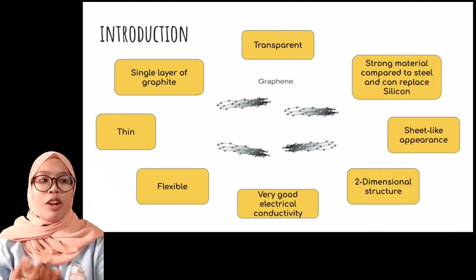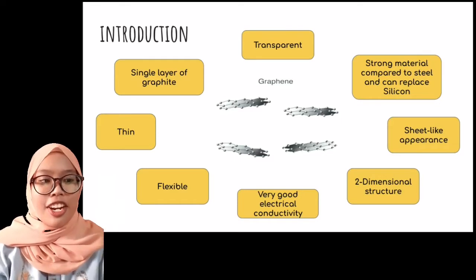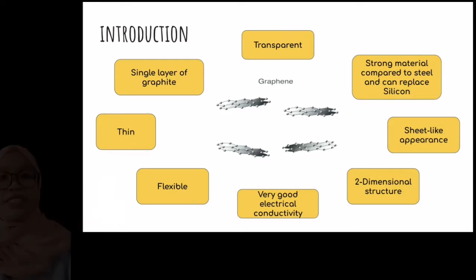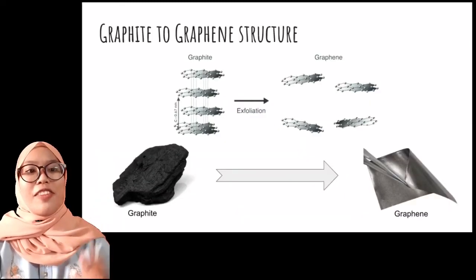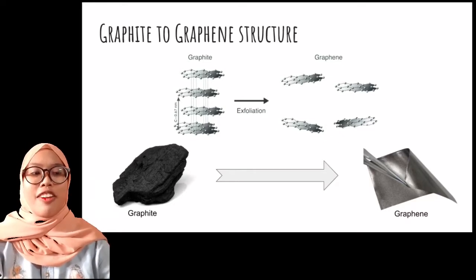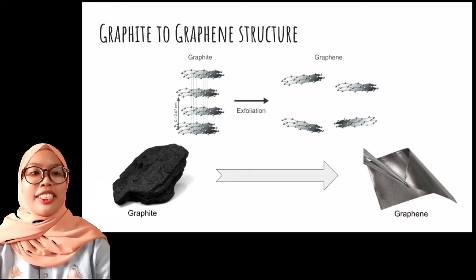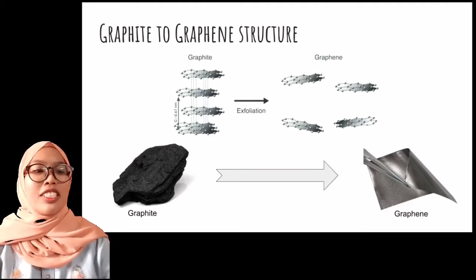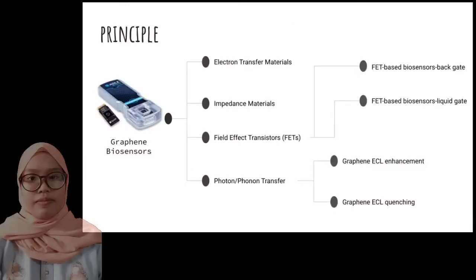Graphene is a strong material compared to steel and can replace silicon. Graphene also has very good electrical conduction. Here we will have a look at the graphite to graphene structure. Here it is shown that graphite goes through a process called exfoliation to produce a graphene-like structure.